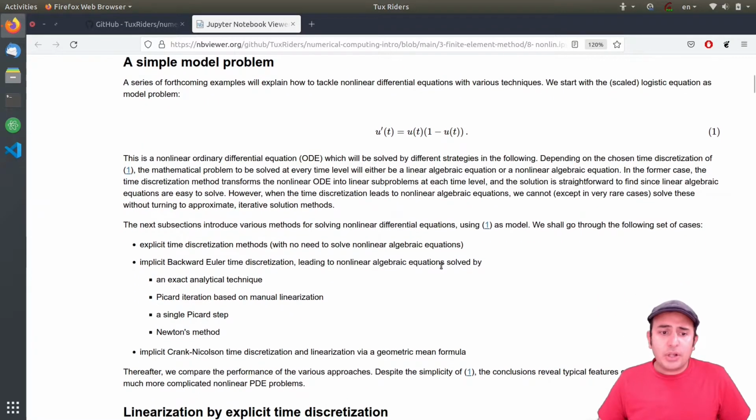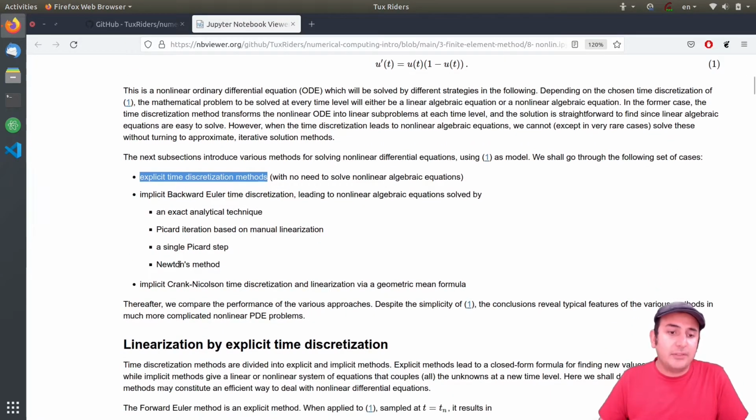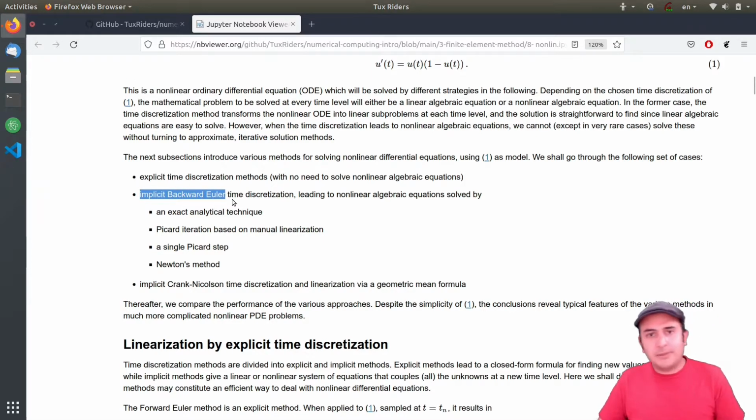So there are different techniques to deal with nonlinearity. One is explicit discretization. I don't want to go into this because it is not something that we use in TechWriters. You can read this chapter later yourself if you're interested. But I want to discuss the implicit schemes. We have different techniques. We have the Picard technique, which is very easy to implement.